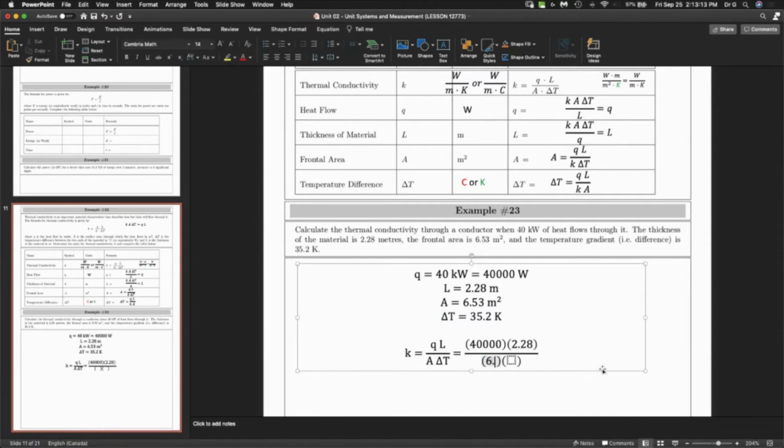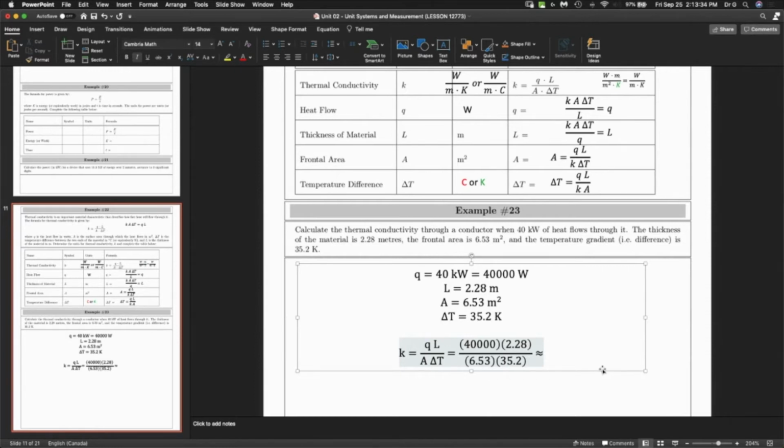Anyway, the A is 6.53, and the temperature difference is 35.2 Kelvin or Celsius. Thank you. So it doesn't mention accuracy here, but we should put some accuracy. So I'm going to go with 3 significant digits, if that's all right with you.